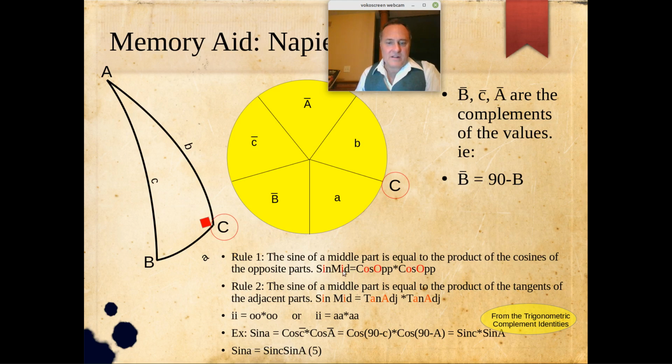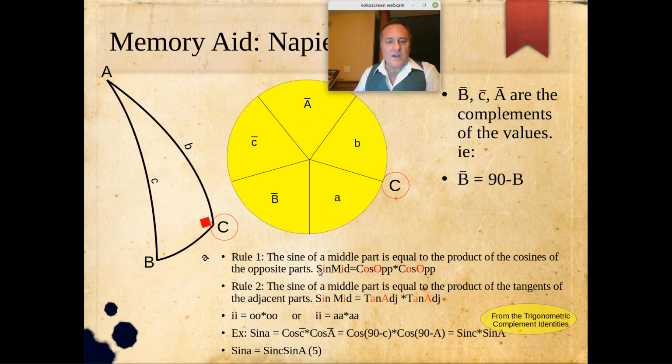Sine middle, cosine opposite, cosine opposite. So, for example, if we want to consider this a middle part, A, we would say the sine of this middle part is equal to the product of the cosines of the opposites. The cosine of this times the cosine of this. This is the opposite of the middle part.